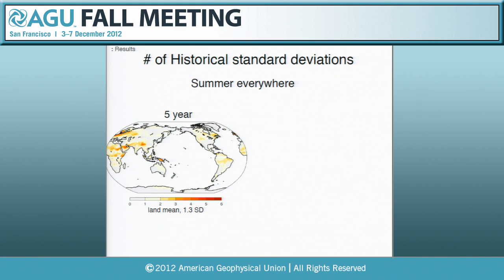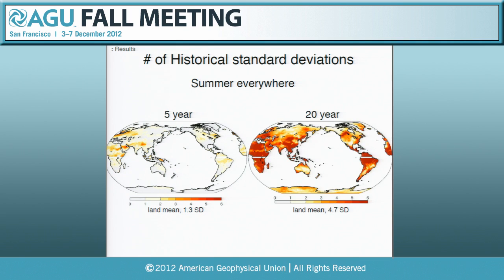Basically Africa, the Middle East, South Asia, and Europe are getting greater than 2 standard deviation trends, and the mean in general is over 1 standard deviation. 20-year trends are much greater. Now the axis is up to 6. All these red areas are 6 standard deviations away from any of the 20th century 20-year trends. And the mean is almost 5 standard deviations.